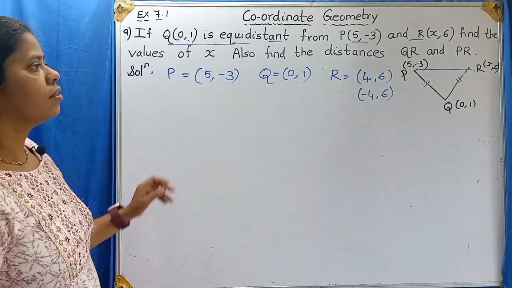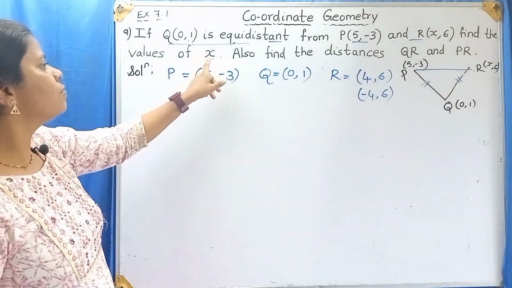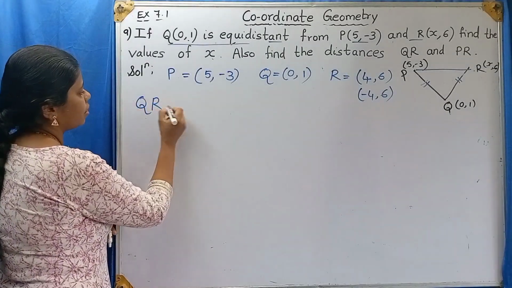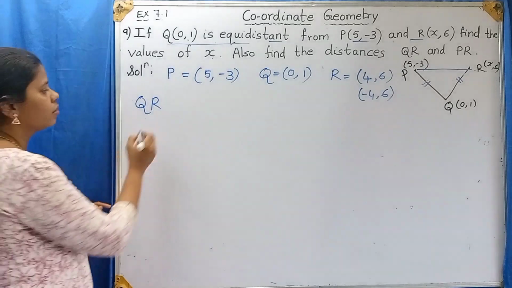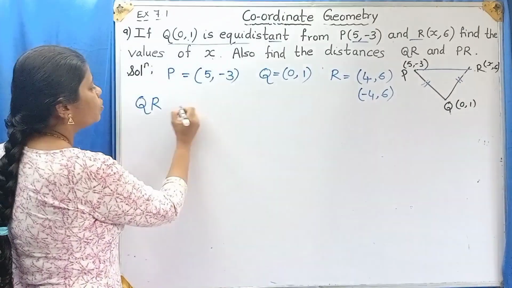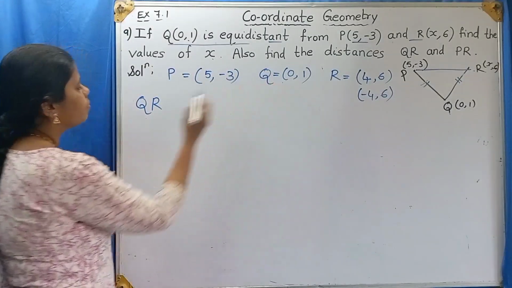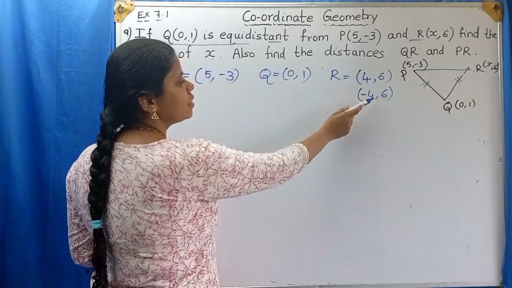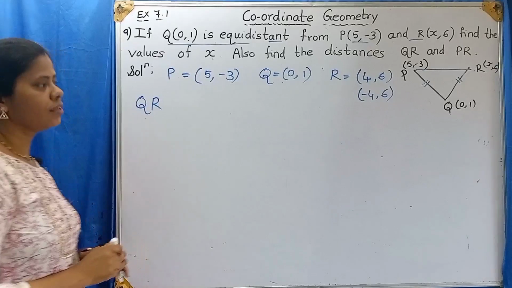Okay. See here. Now first let us find out the distance between QR. We know the coordinate of Q. But for R, we have two cases, that is 4, 6 and minus 4, 6.